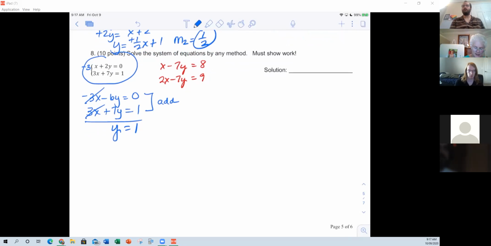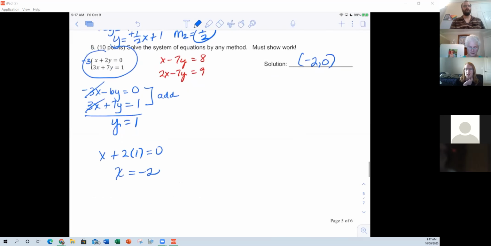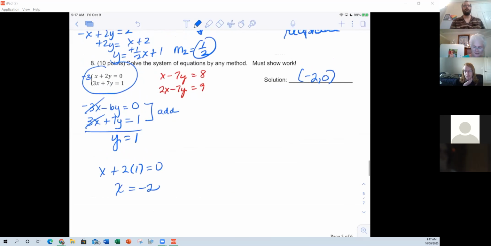So I'm going to substitute it back into the top one. I would get x plus 2 times 1 equals 0. So x would equal -2. That's the easiest way to do that one, but there were other ways. And the solution would be -2, 1.